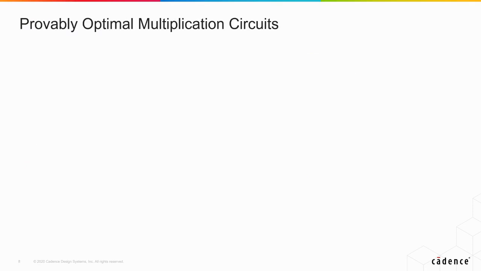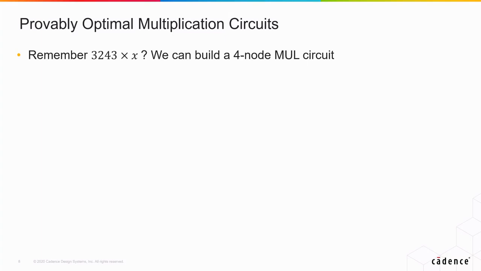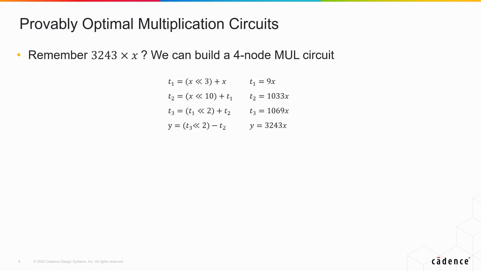Let me show you some examples of what we can do with our model. Let's find an optimal multiplication for the constant 3243, which we mentioned earlier. Running our model for that constant, and with the limit of 4 adders and subtractors, we can find a solution that you can see here on the slide.